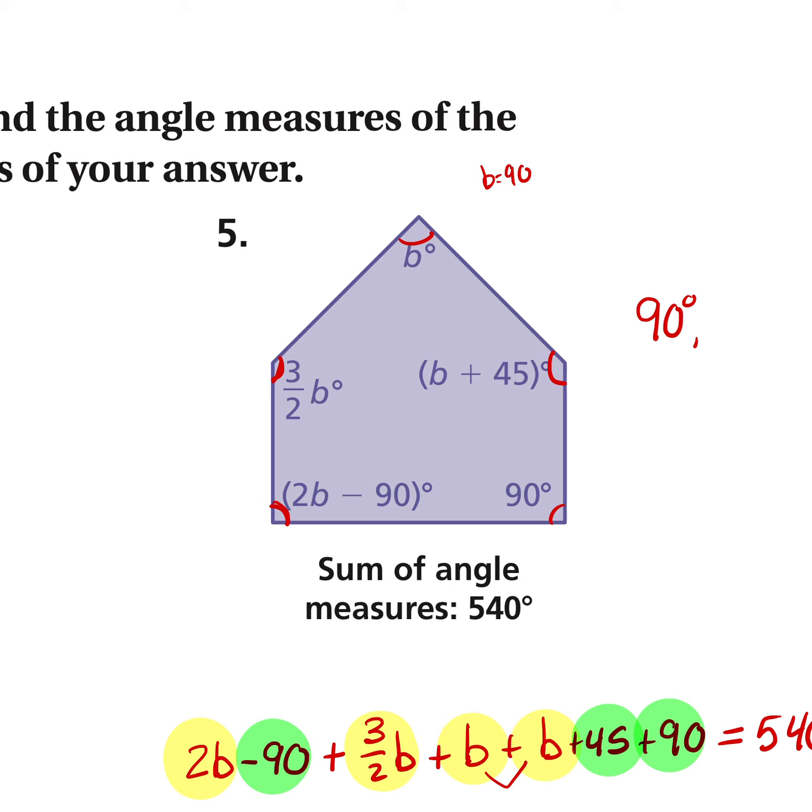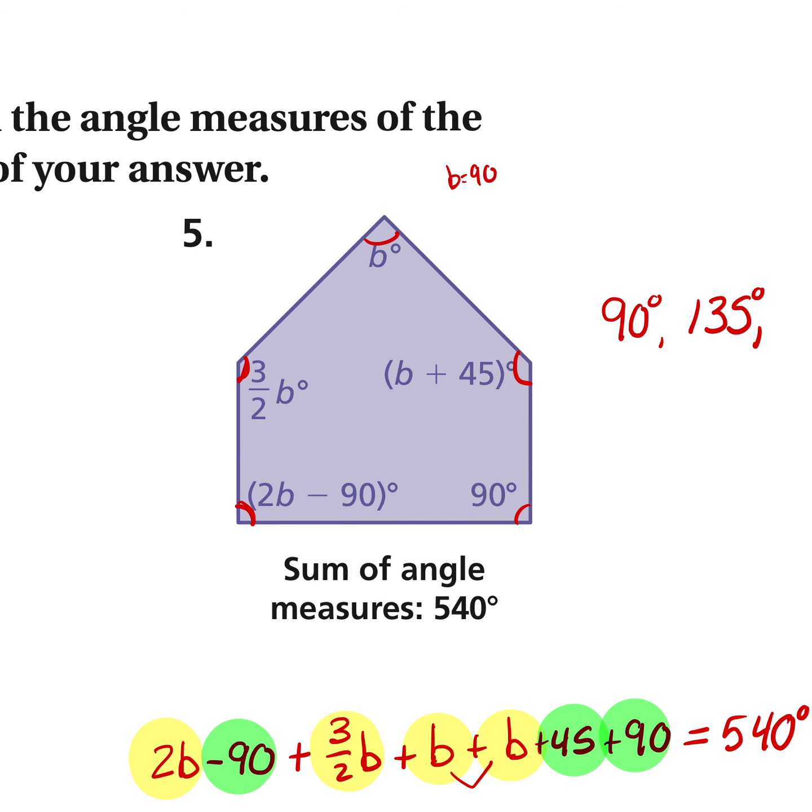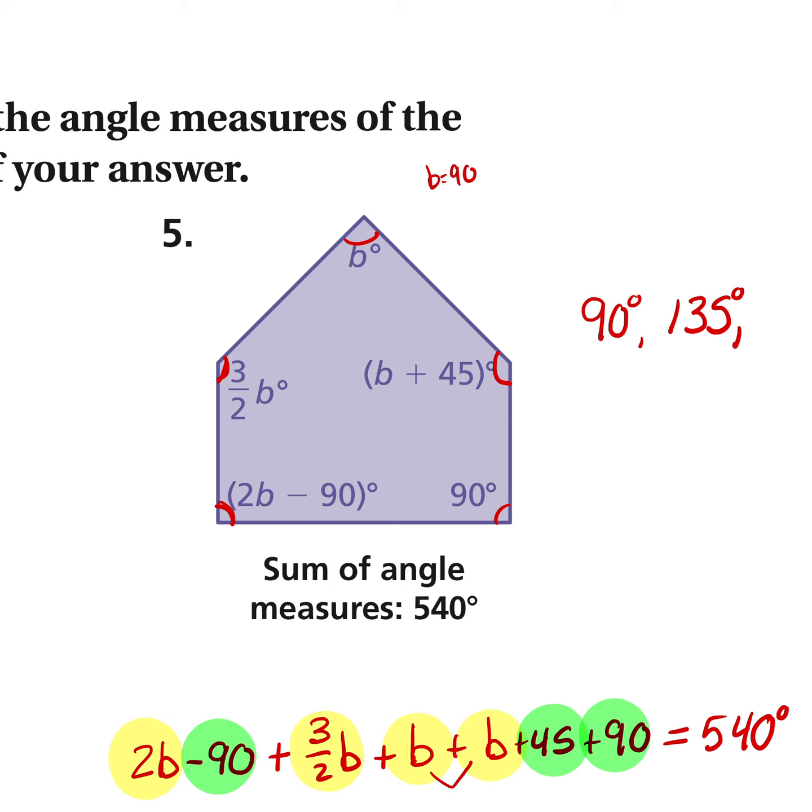The next one is 3 halves times 90. Now we said 3 halves is the same thing as 1.5, 1.5 times 90 is 135, comma. Okay, now the top one is easy. It's just b. We just plug in 90, so it's 90. And then the next one is going to be 90 plus 45, which guess what?